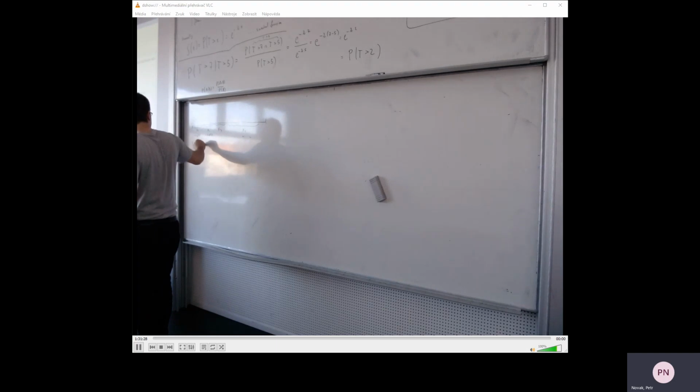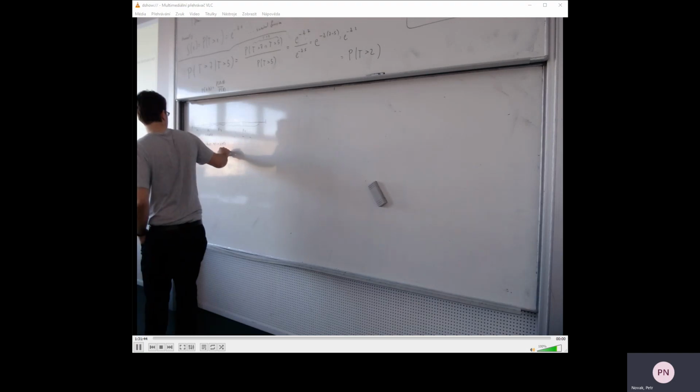N_t, the number of buses up to time t, follows the Poisson process with intensity lambda.